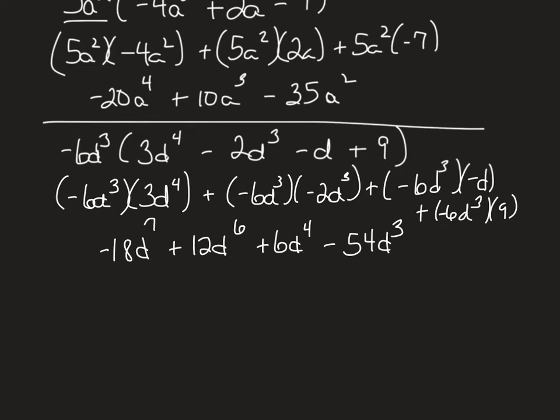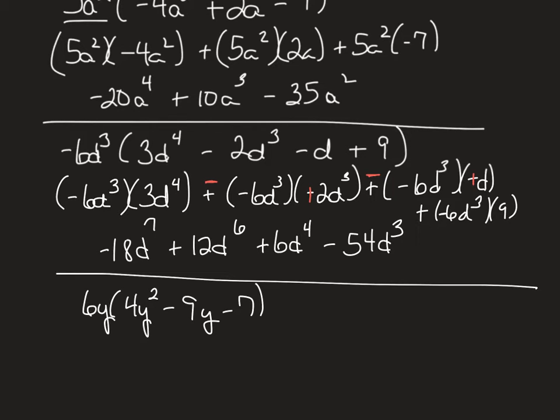Now, I will say here, if you wanted to leave this negative, then you'd have your negative 60 and this would become a plus. You could leave this as a negative and then that would be a plus. It's your choice there.